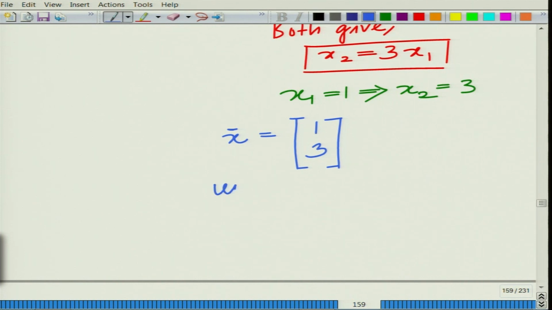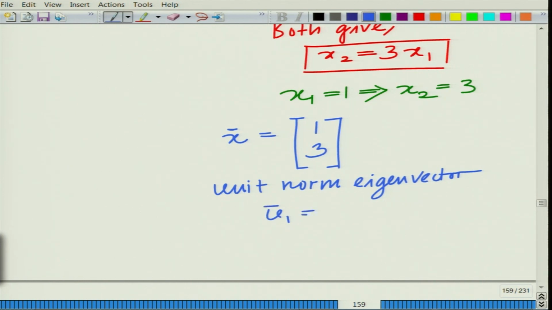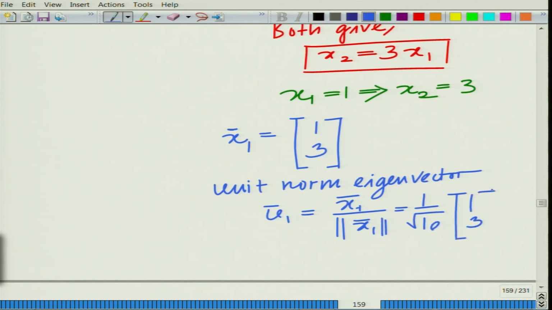So the unit norm eigenvector, let us call this x1 bar, u1 bar equals x1 bar divided by norm of x1 bar, which is equal to 1 over square root of 10 times (1, 3).